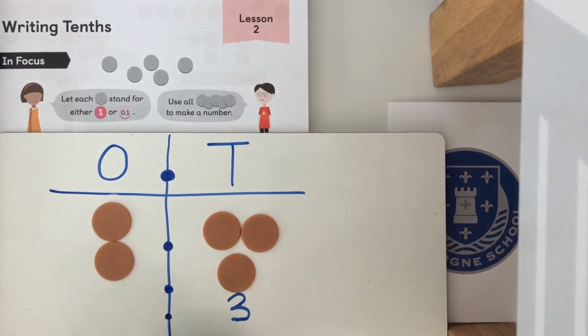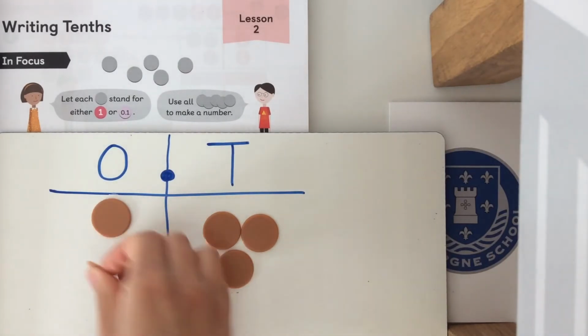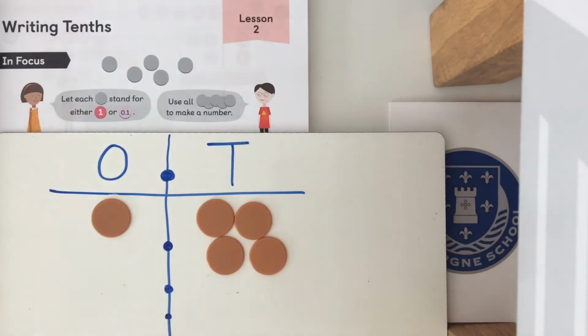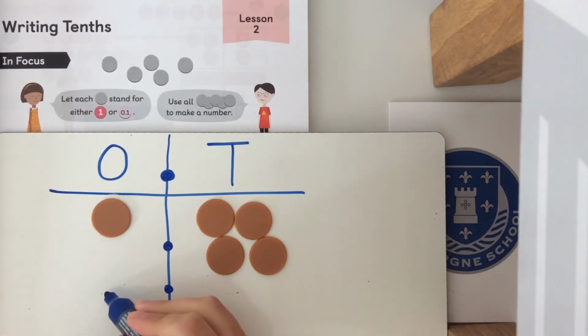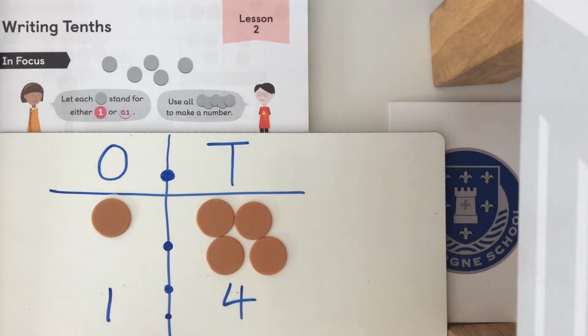My last number I'm going to make. What have I made now? I've got 1 in my ones column and I've got 4 in my tenths column. So I've got 1.4 or 1 and 4 tenths.